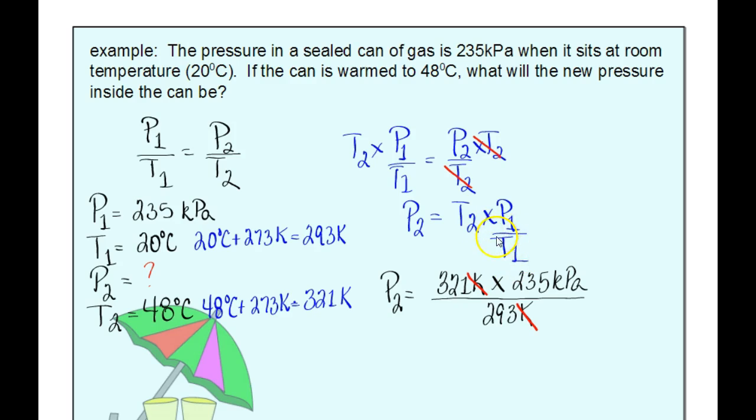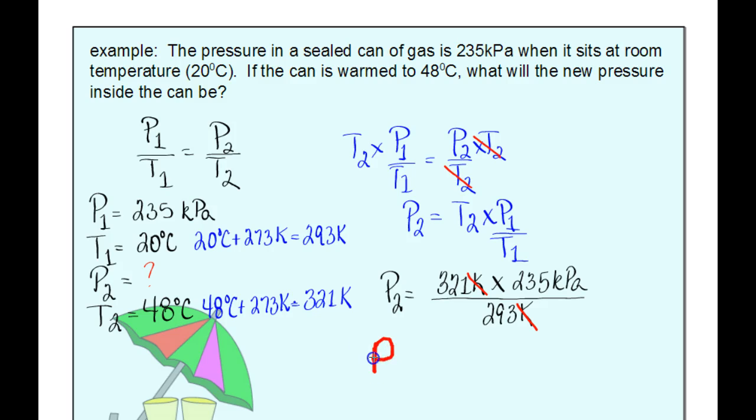Now we need to divide it by the initial temperature. And our initial temperature, when we go back and look at our given, is 293 Kelvin. So we're going to put that on the bottom. Now we can cancel out our Kelvins. That's going to leave us with kilopascals. So let's enter this into our calculators: 321 times 235, and then divide that by 293.